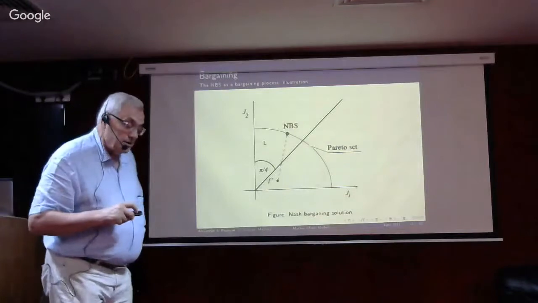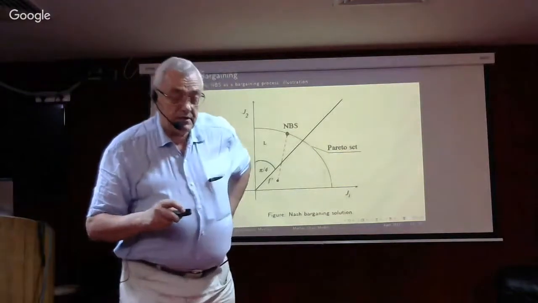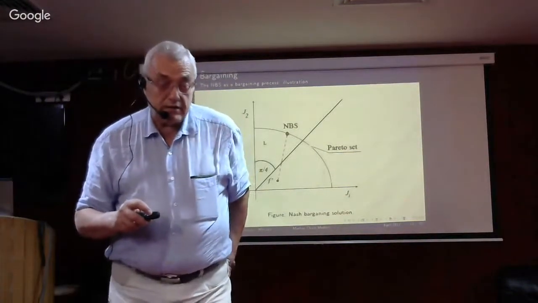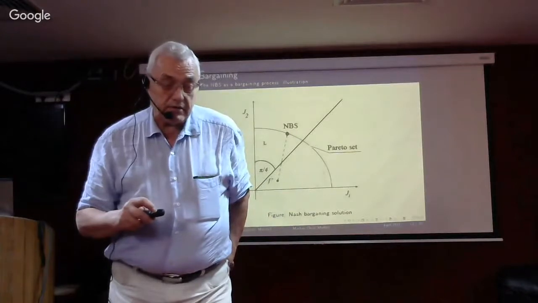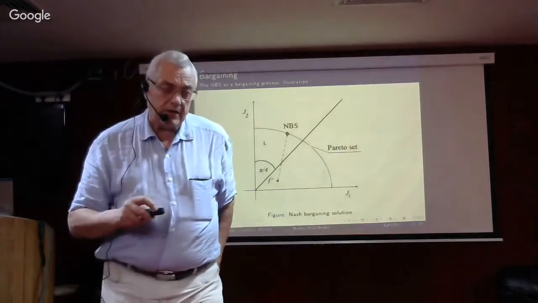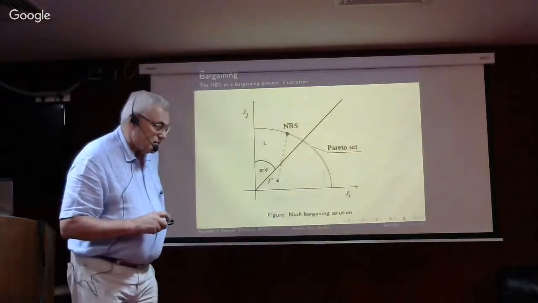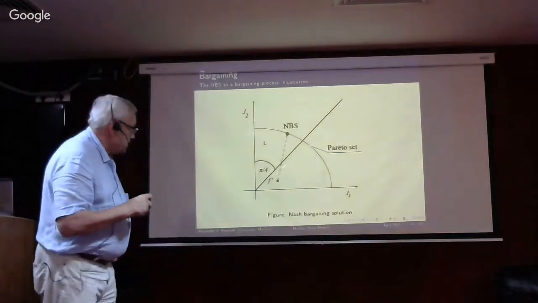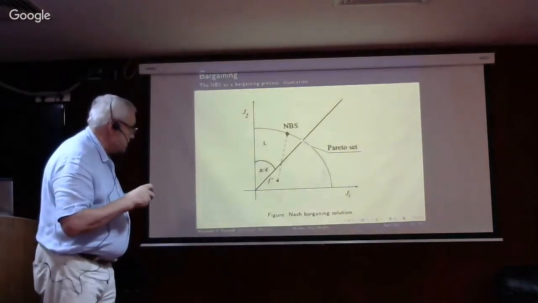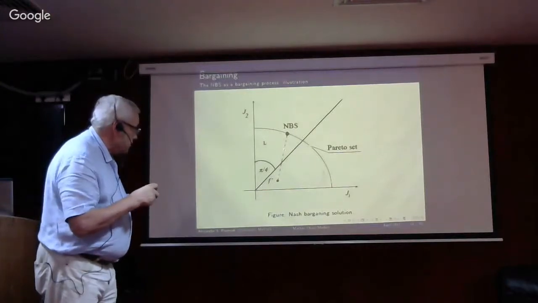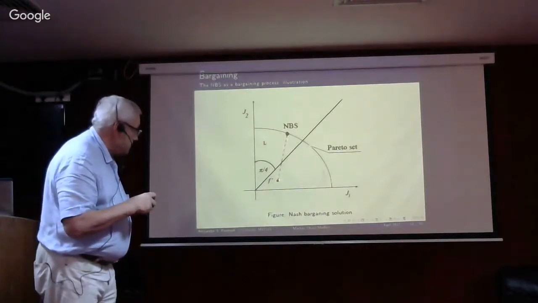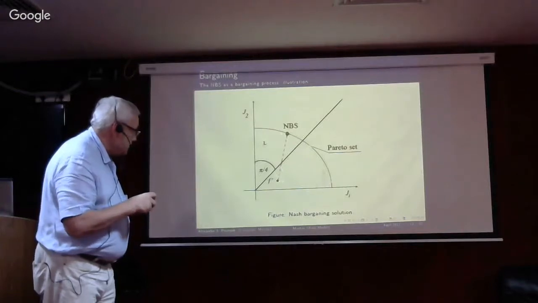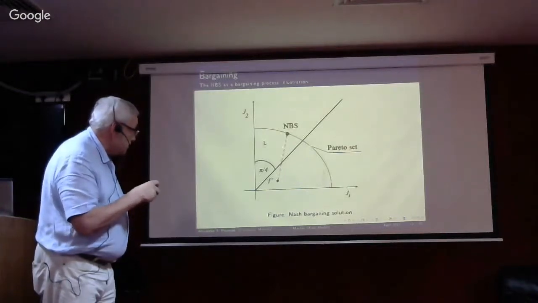There exist several other approaches. For example, another scientist, Kalai, with Smorodinsky. Kalai also received, I guess, a Nobel Prize in economics, from Israel. He suggests to find a point on the Pareto set from the disagreement point, not moving as Nash does. With Nash, if we maximize, we move here.